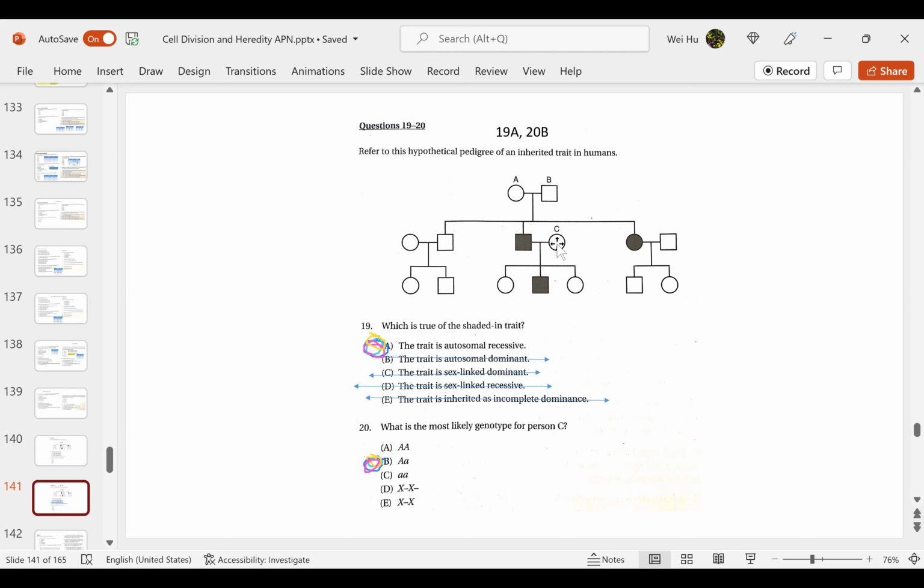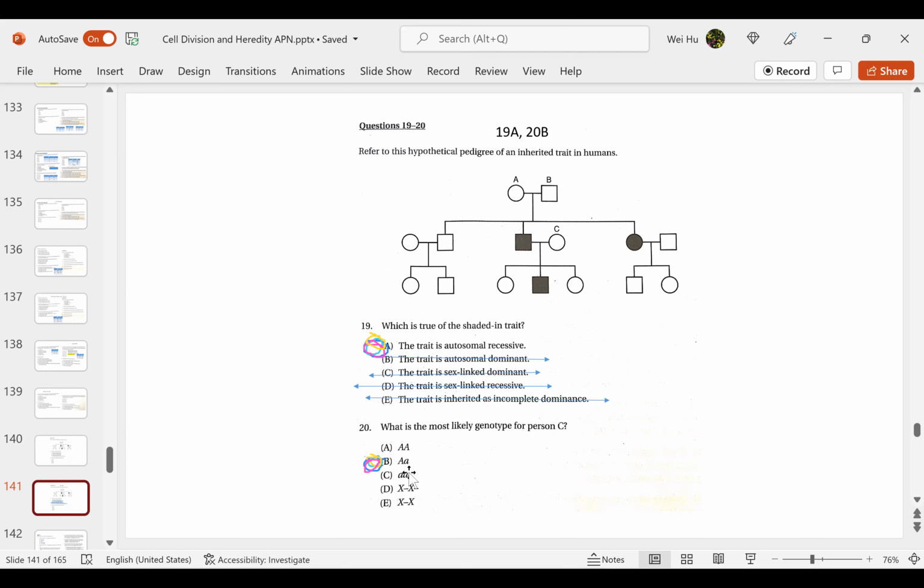In order for any of the children, regardless of daughter or son, to have the disease, they must have two disease alleles. So the father can give one, and the mother also has to give one. So the mother must be a carrier because she didn't show the disease. Okay, so answer B is correct.